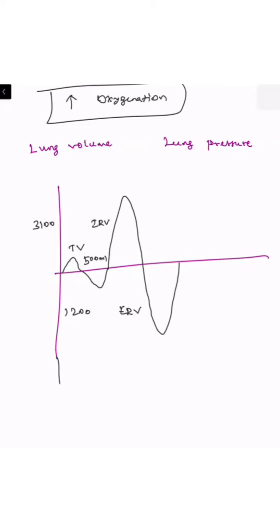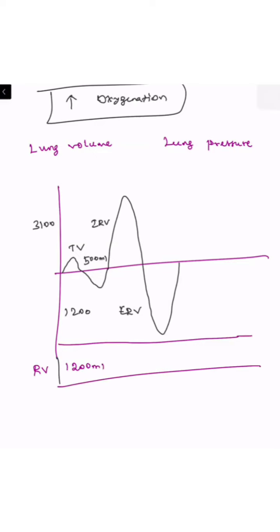Also, there are some volumes which cannot be expired even with forced expiration. That is our residual volume, around 1200 ml, which is present in the lung alveoli throughout our lifespan and helps in maintaining the functional residual capacity of the lung.